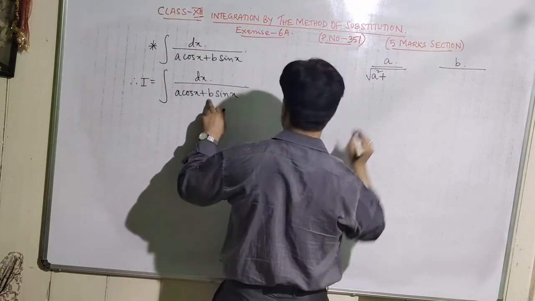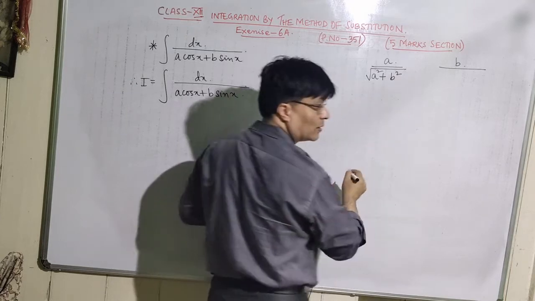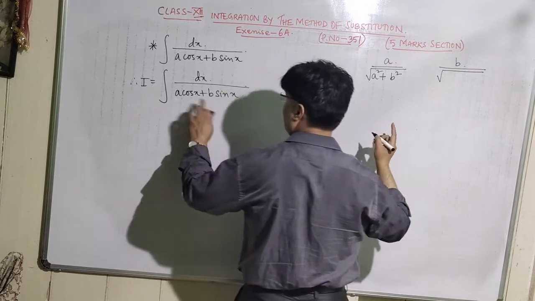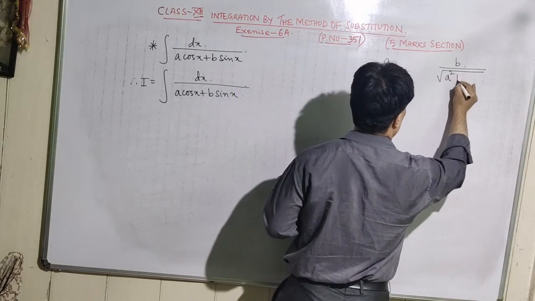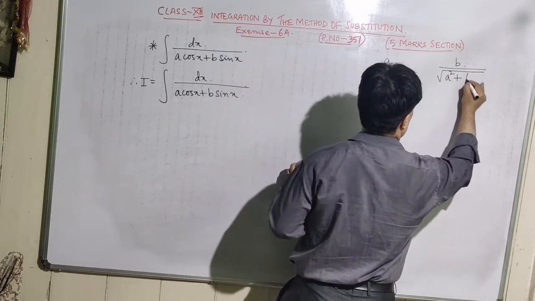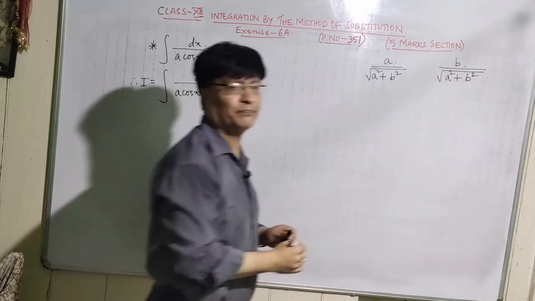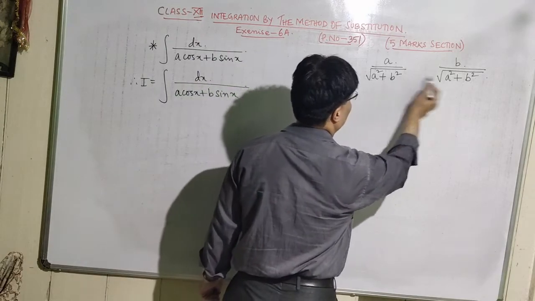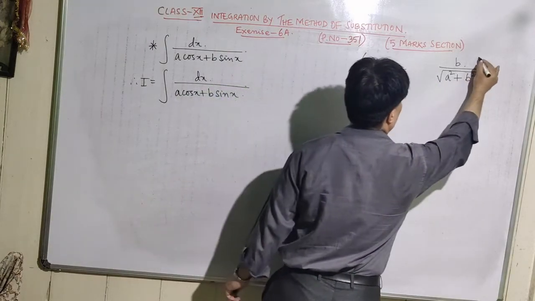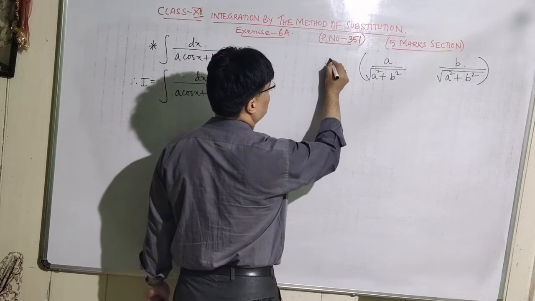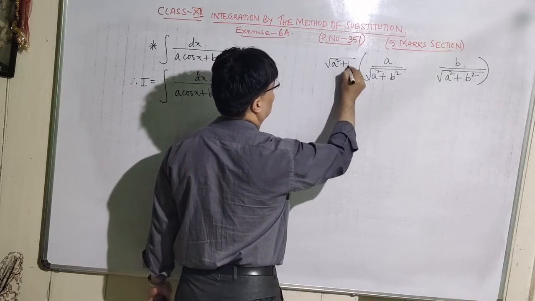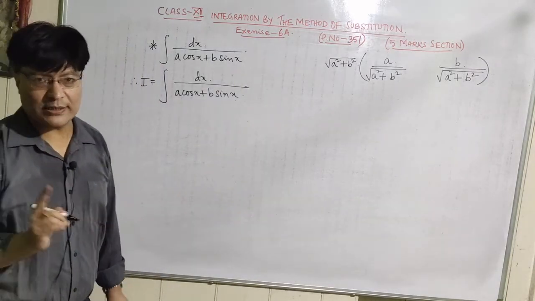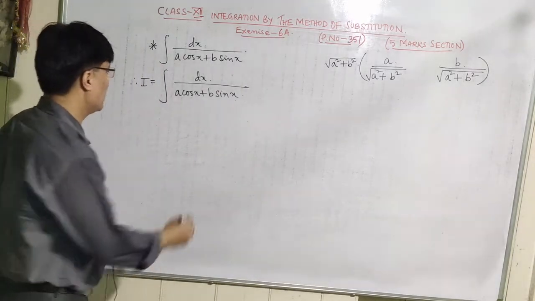What is the coefficient of sin x? It is b square. This b is also divided by the same expression, that is root over coefficient of cos x whole square, that is a square, plus coefficient of sin x whole square, that is your b square. Okay, but we are dividing by root over a square plus b square, so it should be cancelled. So it should be multiplied and divided by root over a square plus b square. So I think you have understood it.